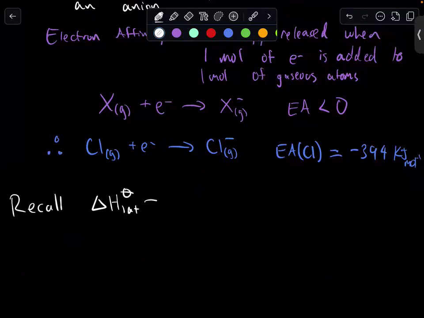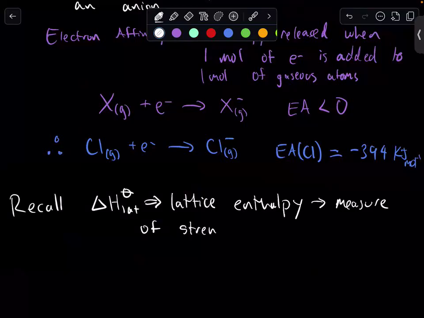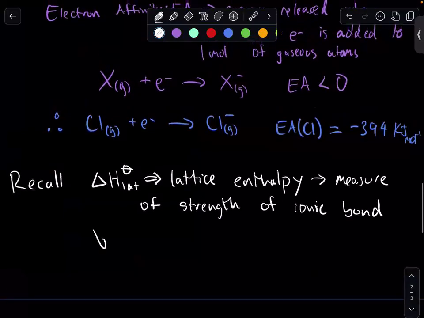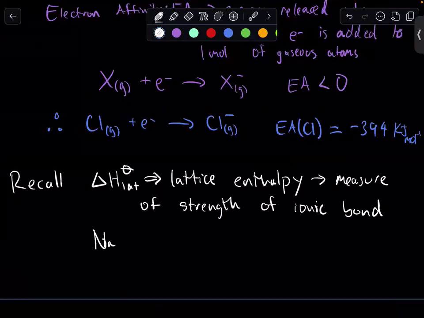This was lattice enthalpy. Lattice enthalpy is generally a measure of the strength of the ionic bond.